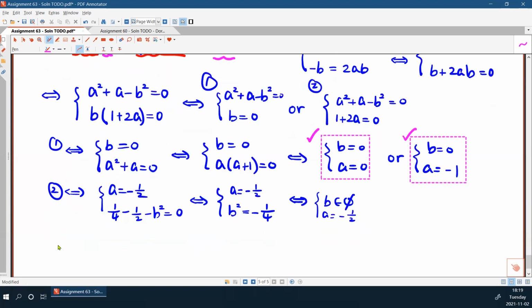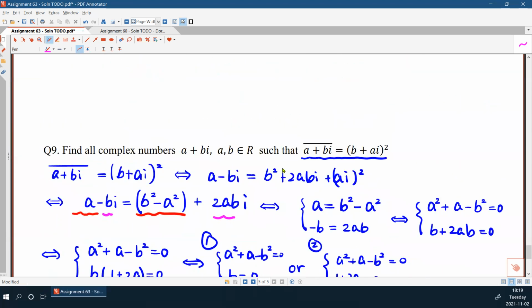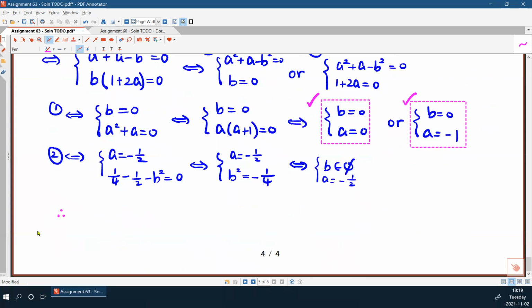Okay, and now we can make the conclusion. The possible complex numbers are either when a is 0 and b is 0, the number is 0, right?